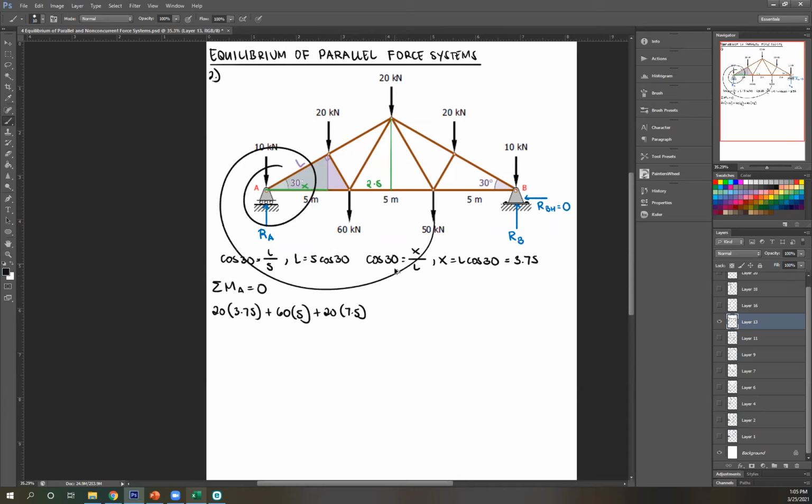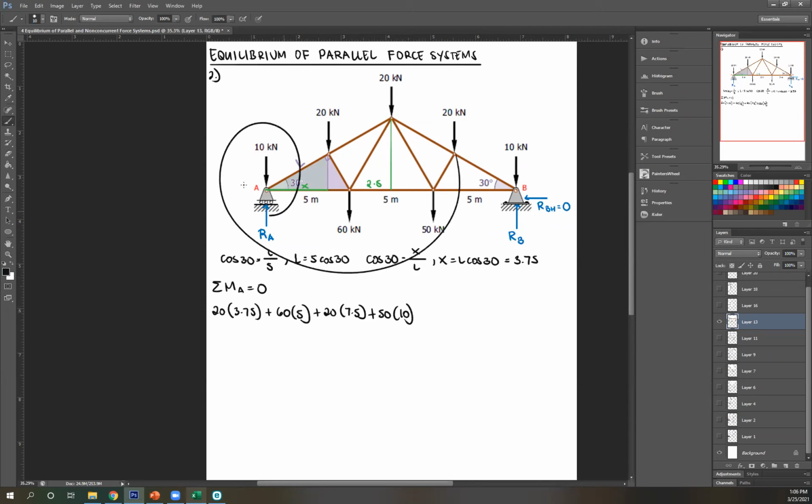Next, 50, again clockwise, so plus 50, perpendicular distance, 10. Next, another 20, clockwise, so positive. Perpendicular distance, if this is 3.75, okay, so this distance would be 15 minus 3.75, and that's 11.25. Okay?